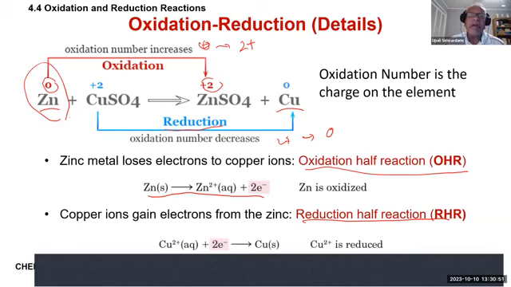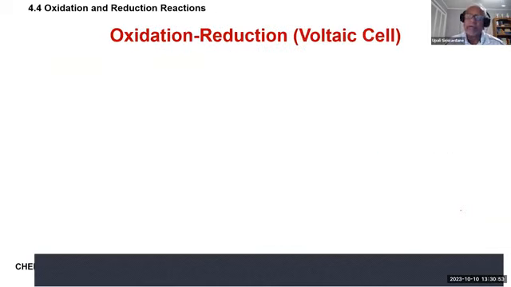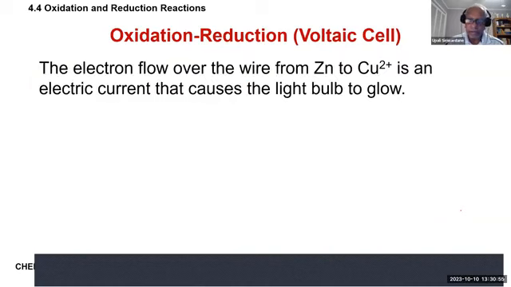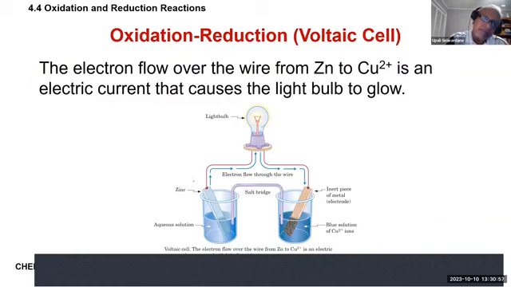If you create a galvanic cell, also called a voltaic cell, this is the zinc. This is the copper. This is the zinc sulfate solution. This is the copper sulfate solution. This is the salt bridge that keeps the connectivity between the two solutions.